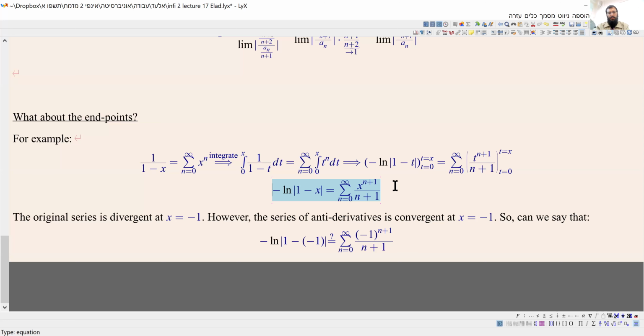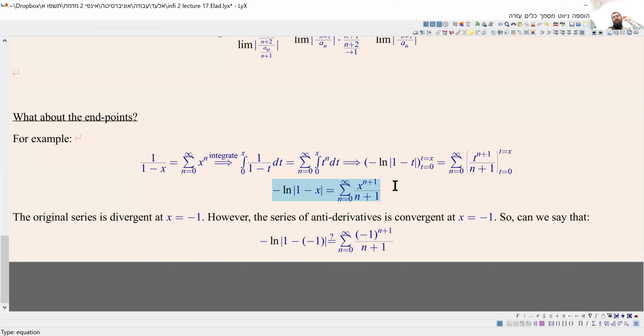So first of all, is it legal? Can we say that? And secondly, we can ask about, you know what? We said exactly what happens to the radius of convergence when we differentiate element by element or when we integrate element by element. Nothing. It stays the same. What can you say about the convergence at the endpoints?